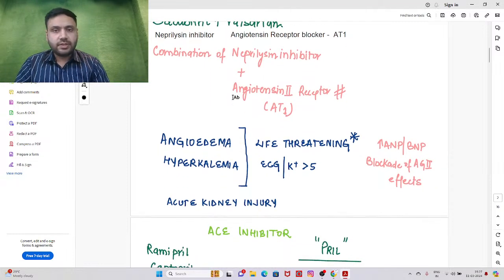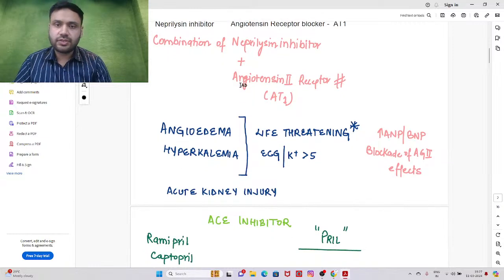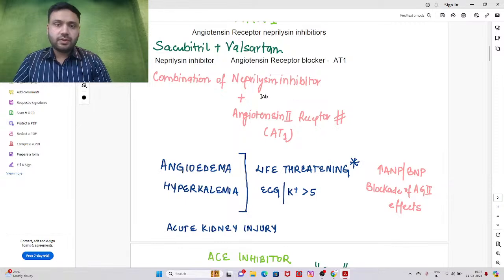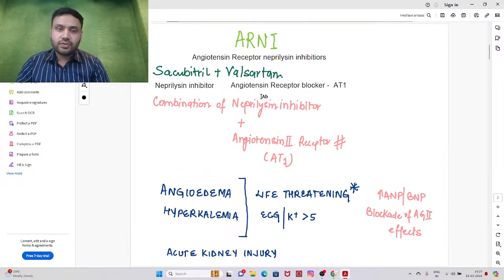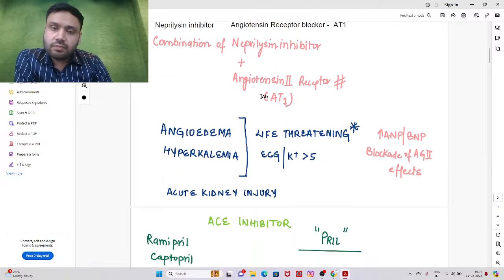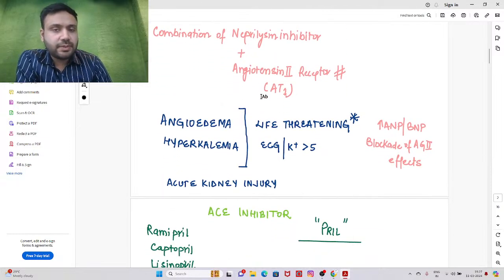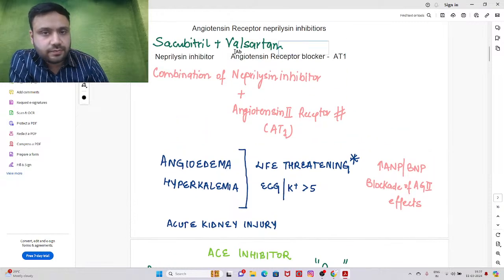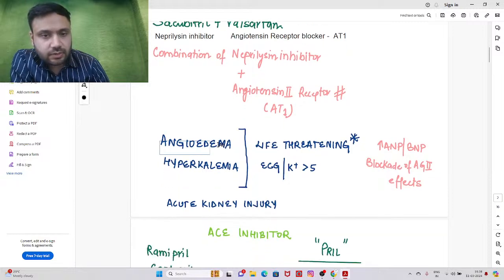So it is a combination of a neprilysin inhibitor and an angiotensin 2 receptor blocker, which is an AT1 blocker. Because this combination was found to have beneficial effects in patients with chronic heart failure, that is why it has been approved. So two or three more most important points to remember about this combination is that they cause angioedema.